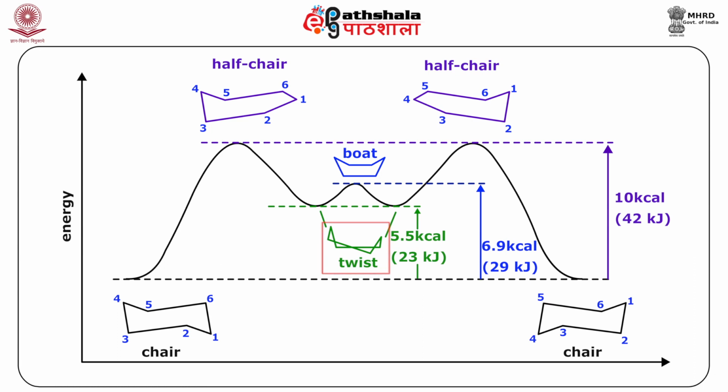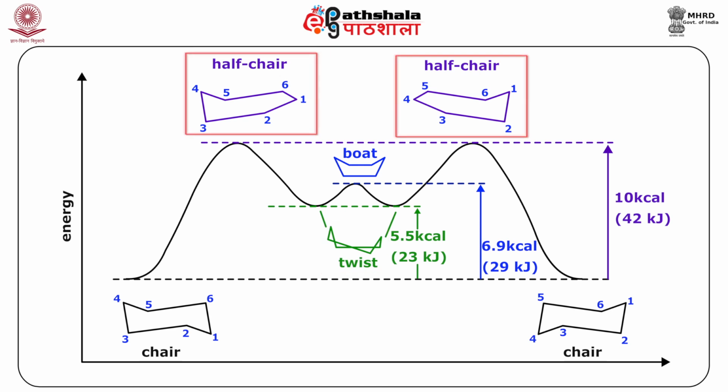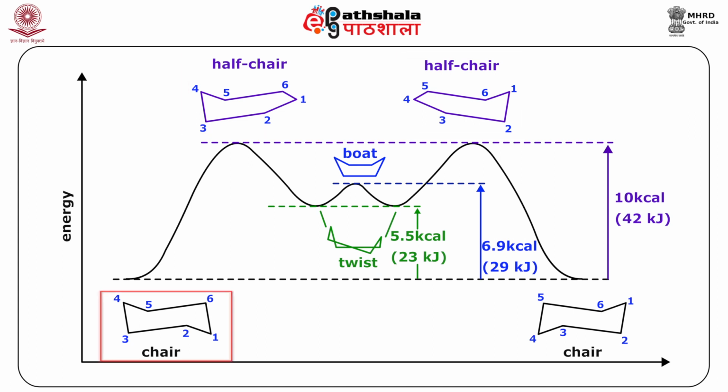The twist boat conformation is only 0.4 kilocalories per mole more stable than the boat conformation. It lies on the lower valleys in the energy diagram. Likewise, the 2 half chair conformations represented by the highest energy peaks are transition states in the interconversion of one chair into another chair, that is the inverted chair.